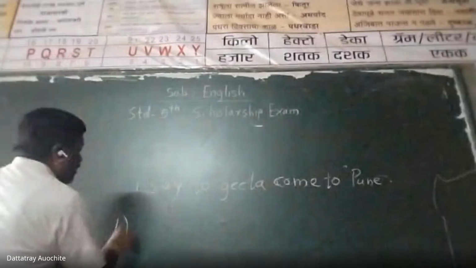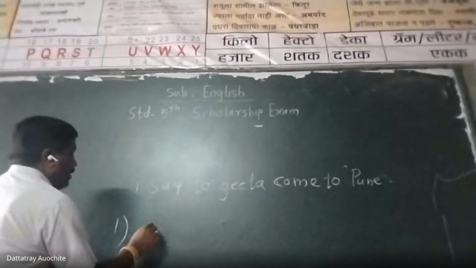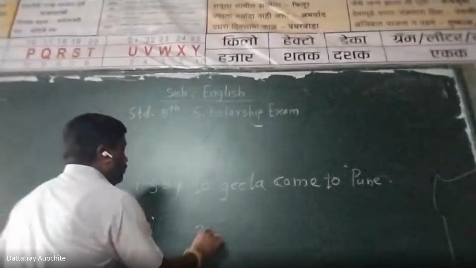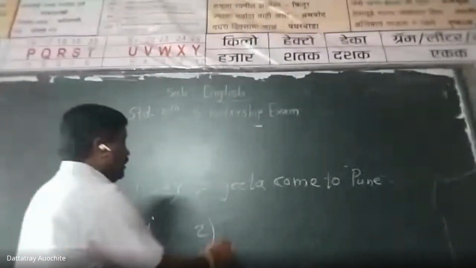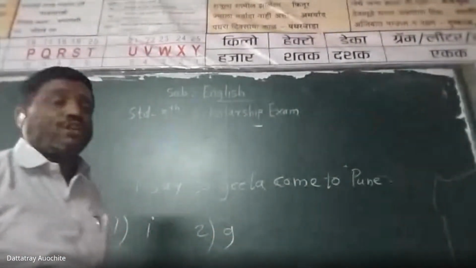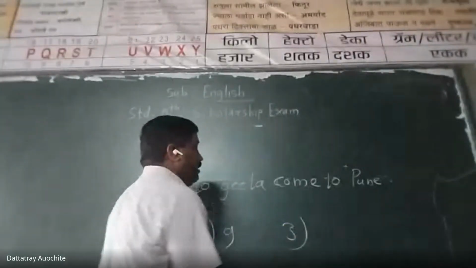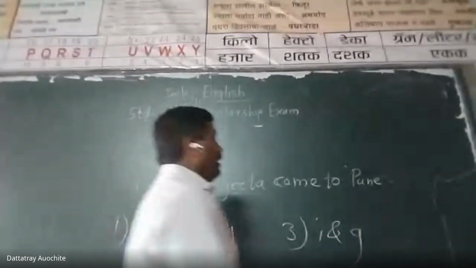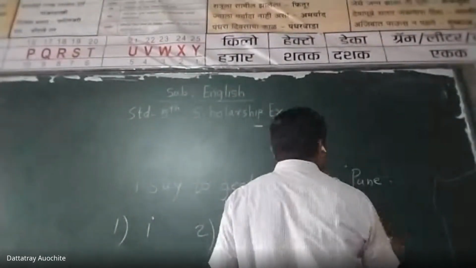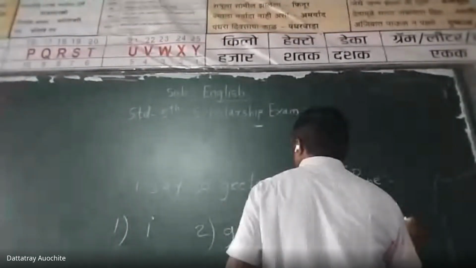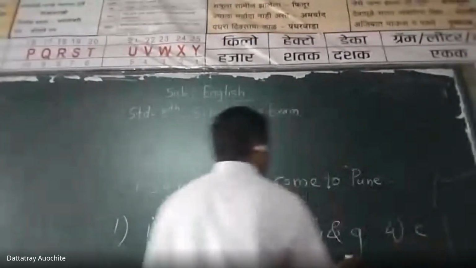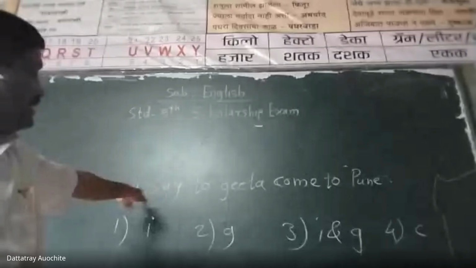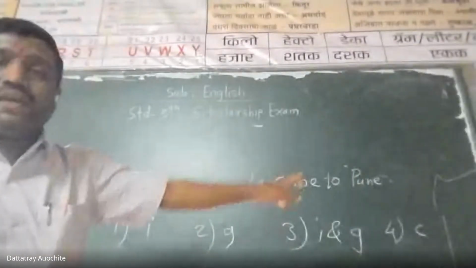And then the options are: capital I is the letter which should be replaced; then G is the letter which should be replaced; number 3, I and G; and number 4, C. The sentence is: I said to Geeta, come to Pune.